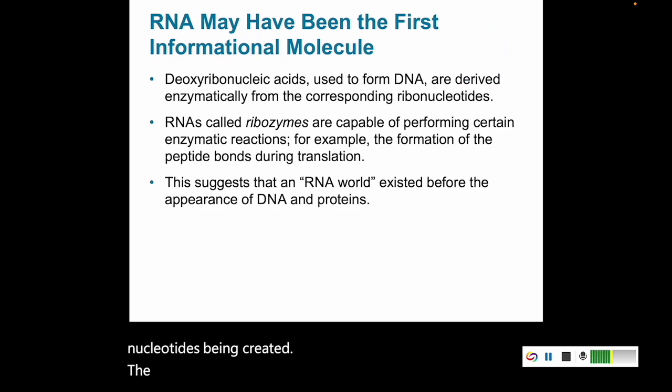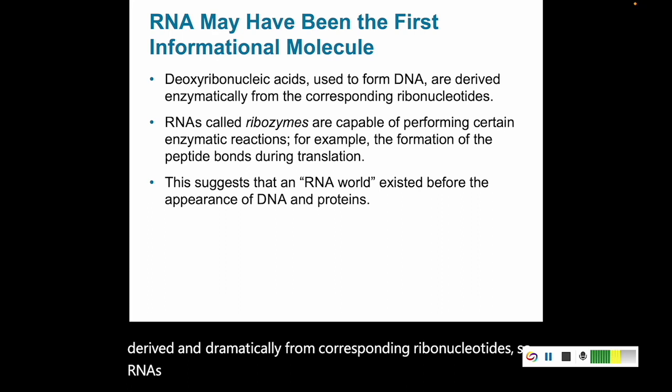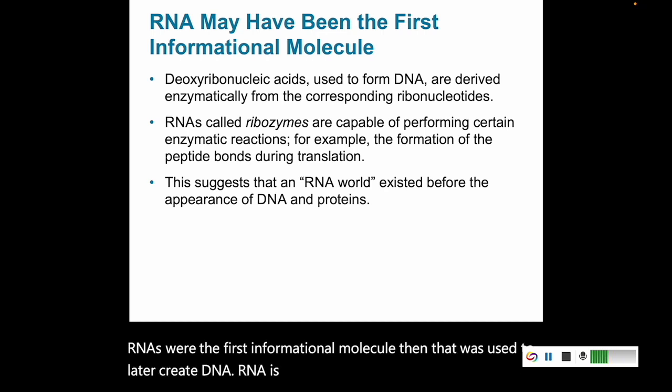Deoxyribonucleic acid, which is what DNA is made of, is derived enzymatically from corresponding ribonucleotides. So RNAs were the first informational molecule that was used to later create DNA. RNAs called ribozymes are capable of performing enzymatic reactions.